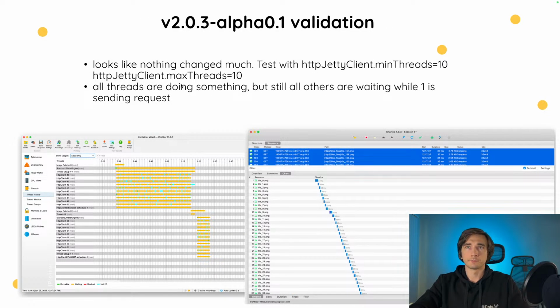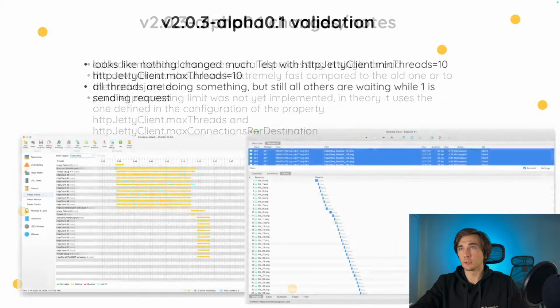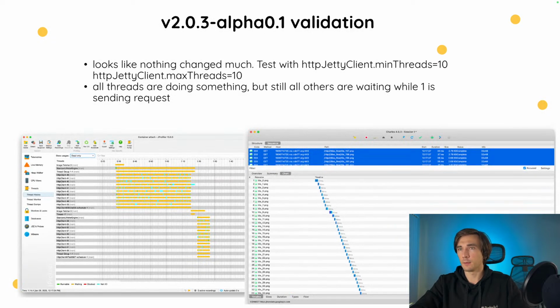And after this change, actually nothing much was changed. We still created a lot of different threads. So he referred to max threads and max connection per destination. But remember, I already tried this before, like referring to these max threads, playing around with them, and it was not actually helping much. And in this case, it also hasn't helped much.